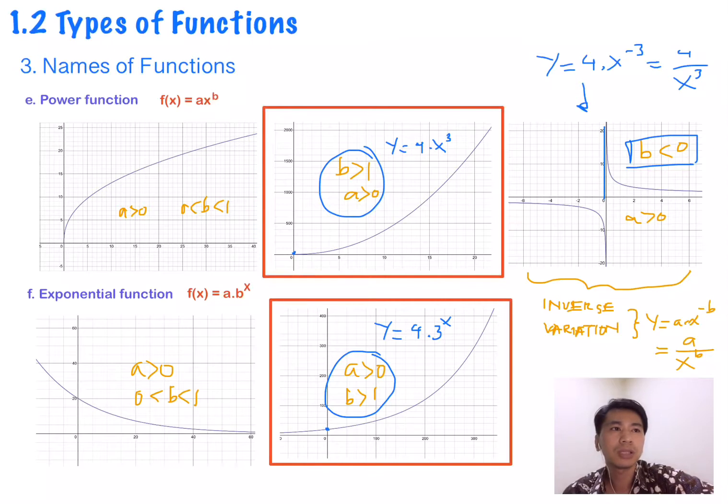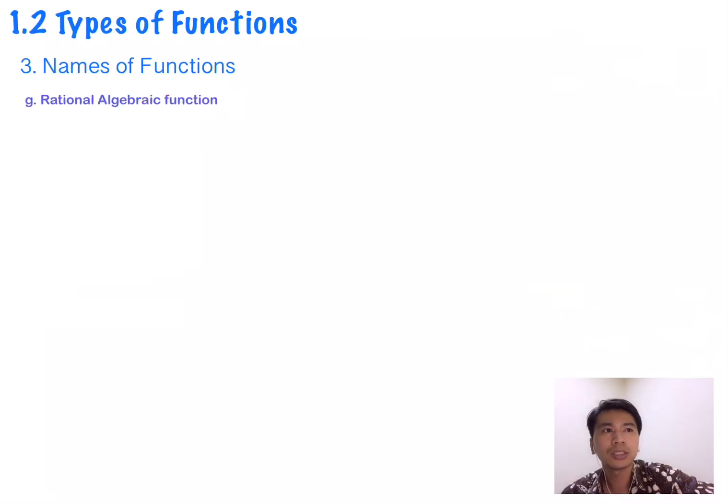But when x goes to infinity, then 4 divided by an infinite number will go to 0. That's why you have the horizontal and the vertical asymptote on this graph.